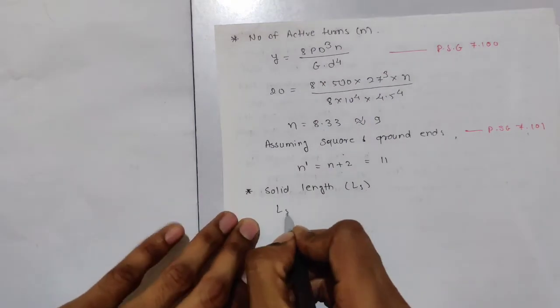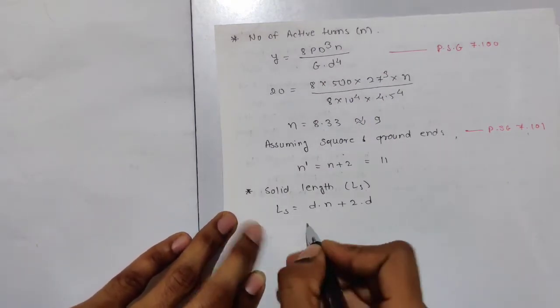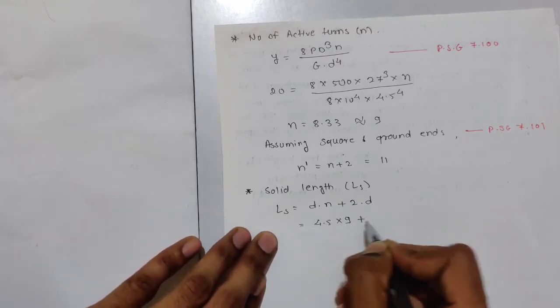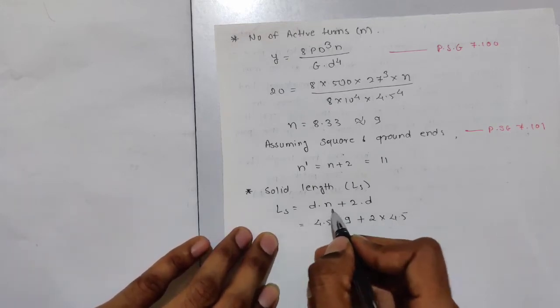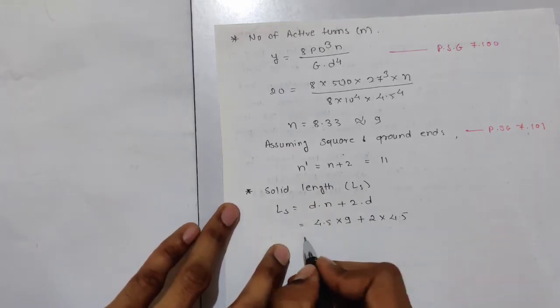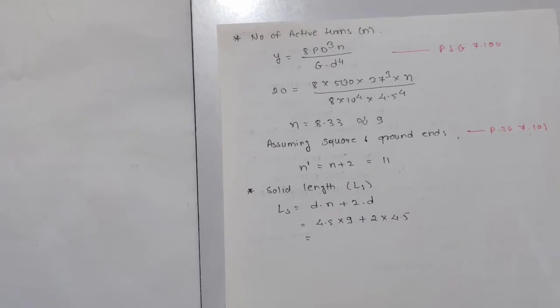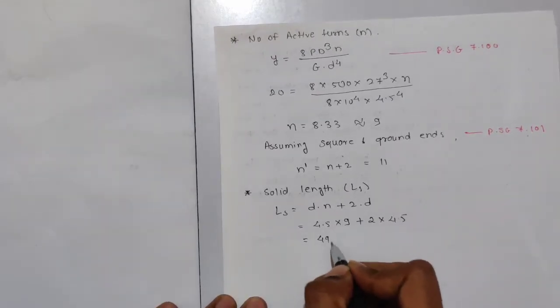So Ls is equal to dn plus 2d. d is 4.5, n is 9, plus 2 into d is 4.5. See, this is not n dash, you can't use n dash here, this is n. So you will get Ls as 49.5 mm.